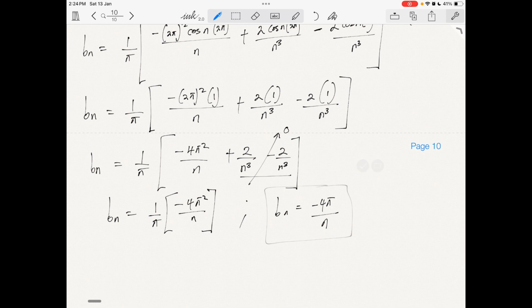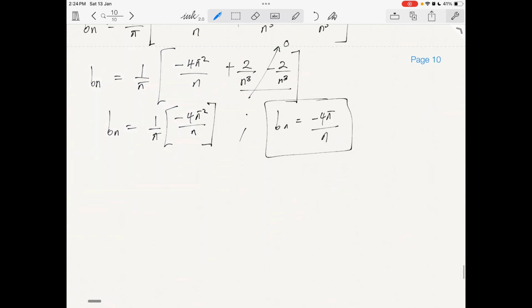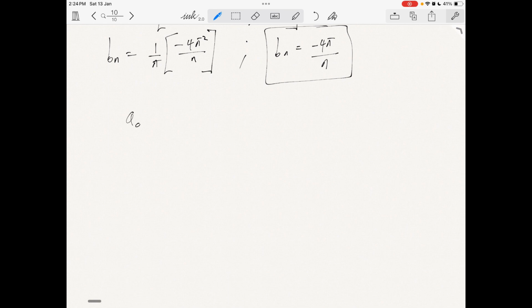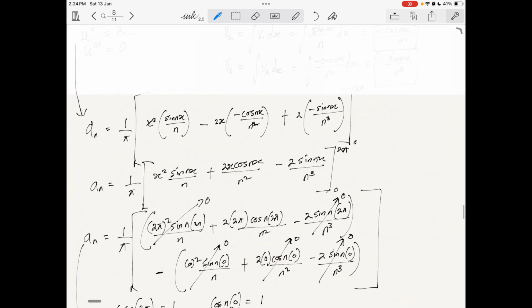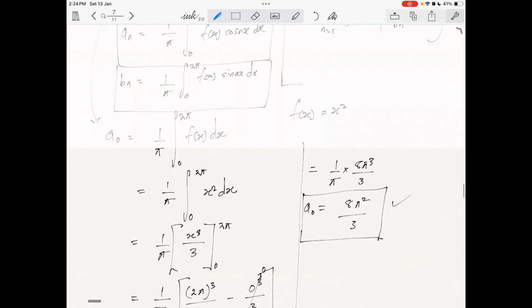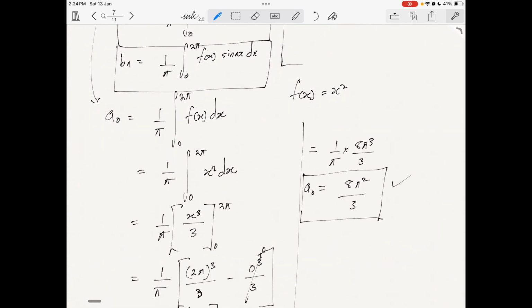Now we have been able to evaluate A naught, An, and also Bn. So let's bring them all together. A naught, as we calculated earlier, is equal to 8 pi squared over 3.